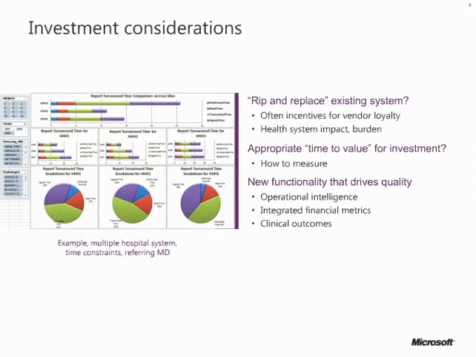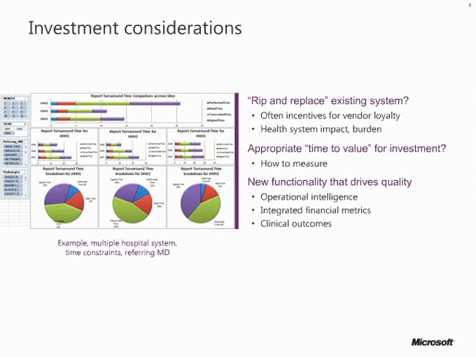So as departments and institutions are thinking about the investment considerations on improving radiology efficiency, departmental productivity, patient outcomes, and even patient engagement, there are multiple choices a department may have. The department may be thinking about ripping and replacing existing systems. Often, there are incentives by the existing vendors to stay with the existing system.